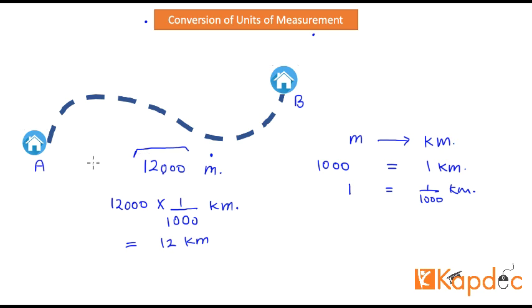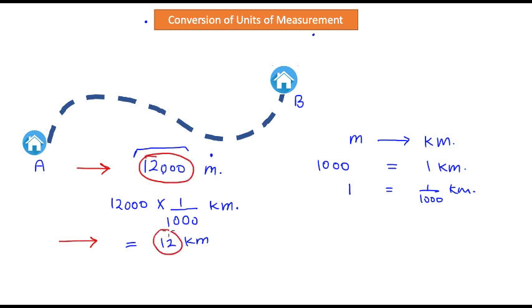Now, between these two numbers, let's say this is my first number and this is my second number, which one of these two is slightly easier to show that distance? Is it 12,000 meters or is it 12 kilometers? Well, you will say that 12 kilometers seems very easy and comprehensible as compared to 12,000 meters, right? So we will rather pick that number.